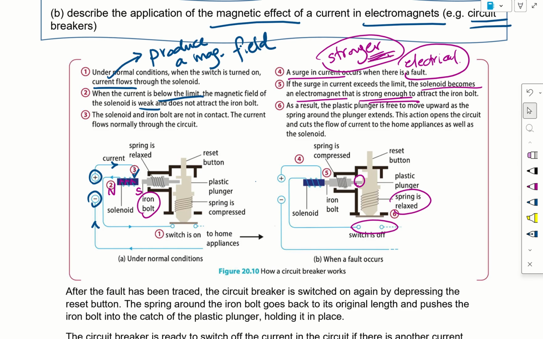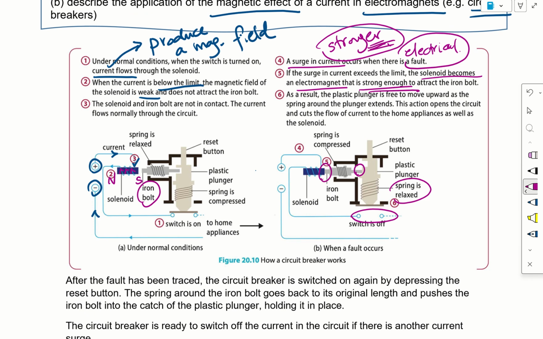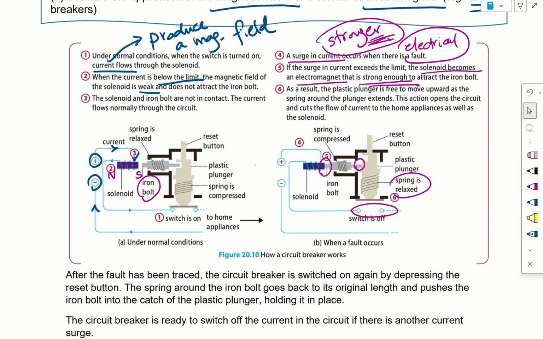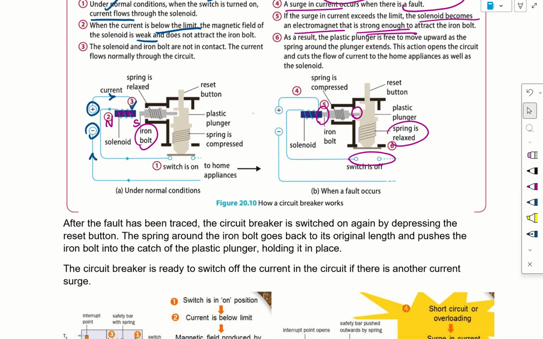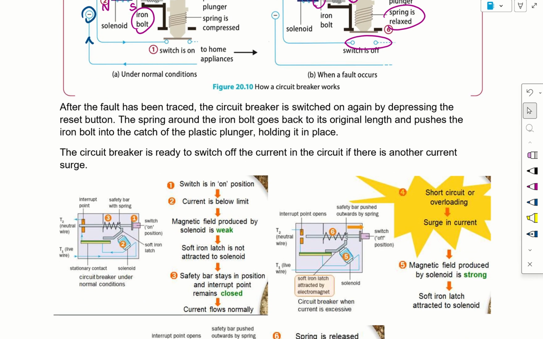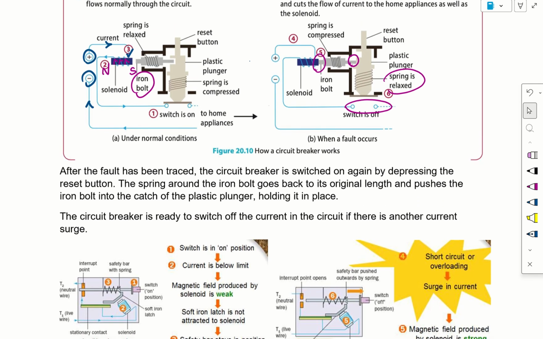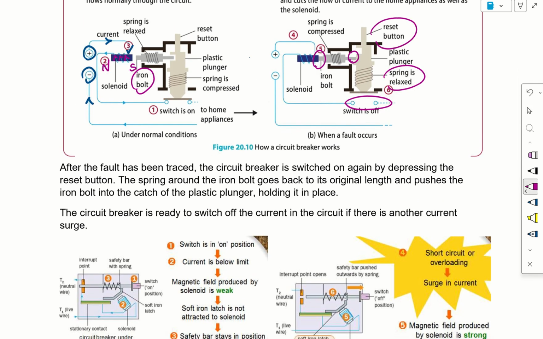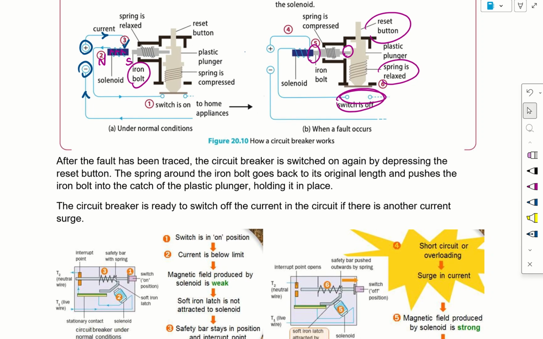Therefore it will cause an attraction and it will create an open circuit. After the fault has been traced, the circuit breaker is switched on again by depressing the reset switch, which is this one, the reset button. Then it will push back and the contact will be complete and the current can flow again.